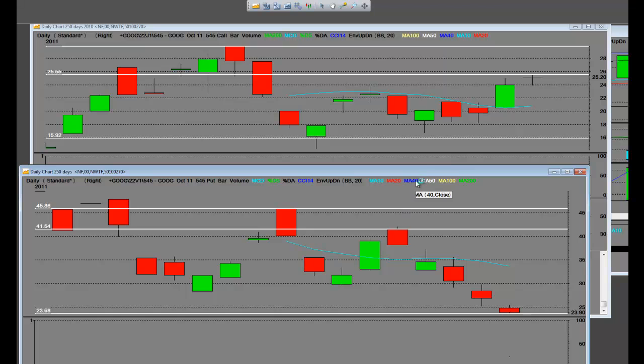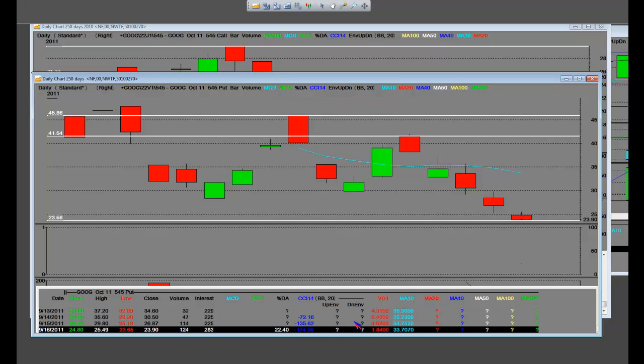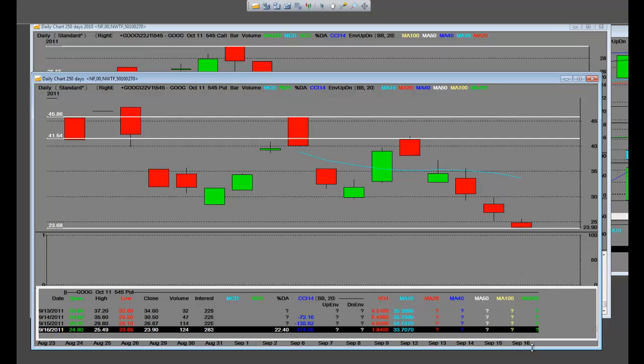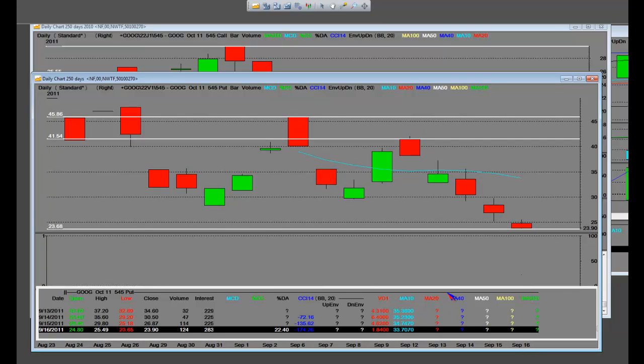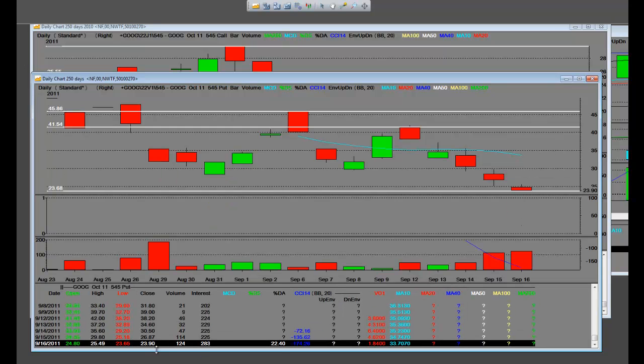And this put option up here at the time was at $42 on the high, and the put option has been cut in half. We'd like to see this get a little bit lower than what it currently is as far as the prices go. And it's an October contract, but it's deflated.